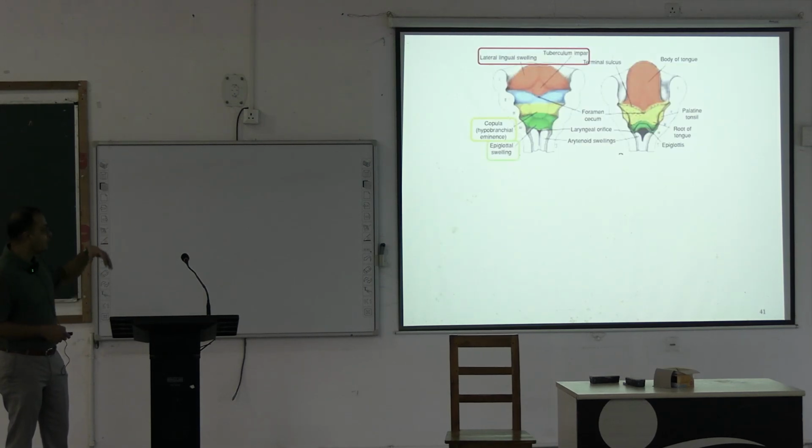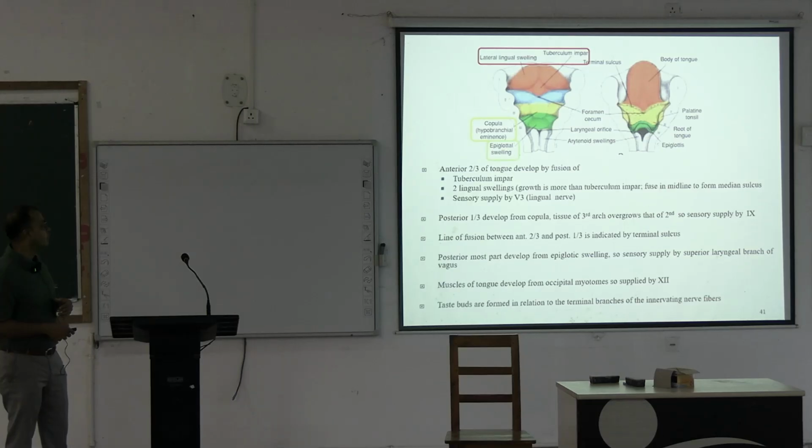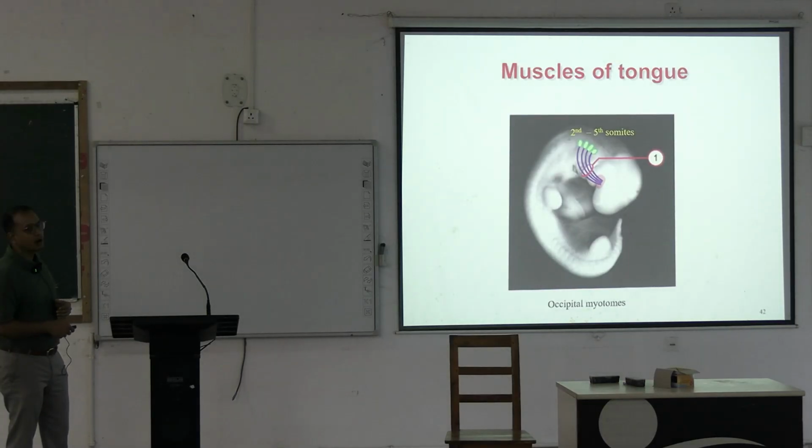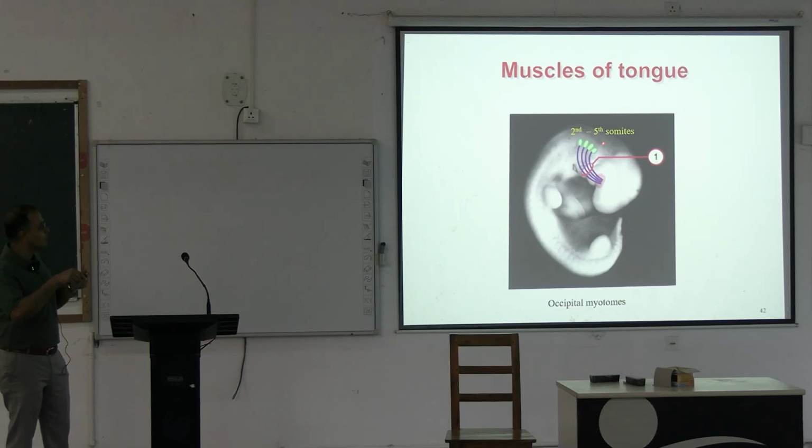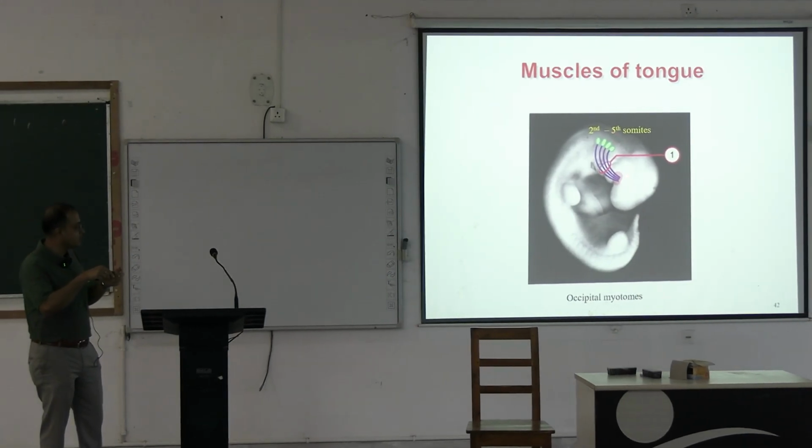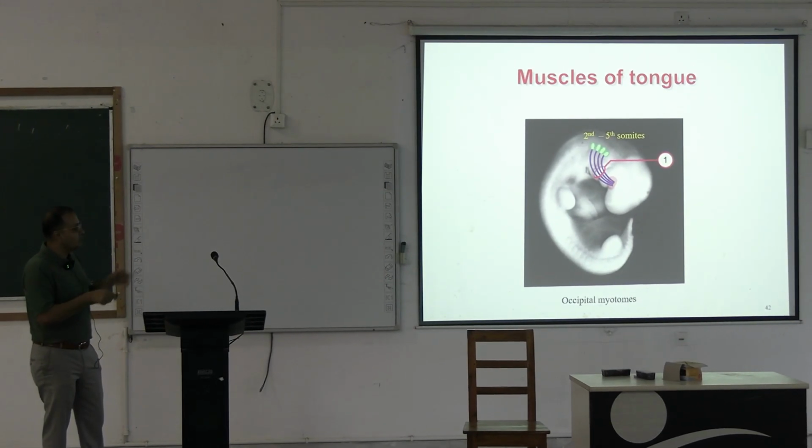The muscles of the tongue come from the occipital somites, in the neck region, which migrate in here. As they migrate from the back side, they are supplied by cranial nerve number 12. So all the muscles of the tongue are supplied by the hypoglossal nerve, coming from the occipital somites.